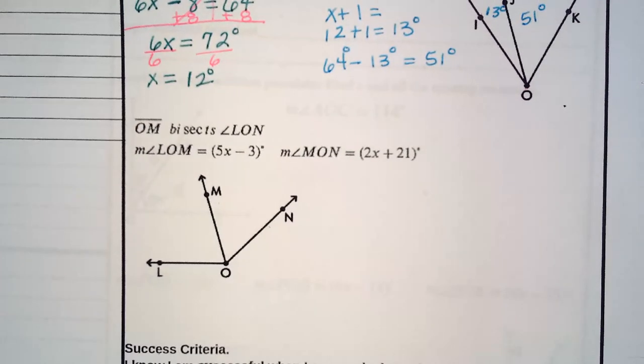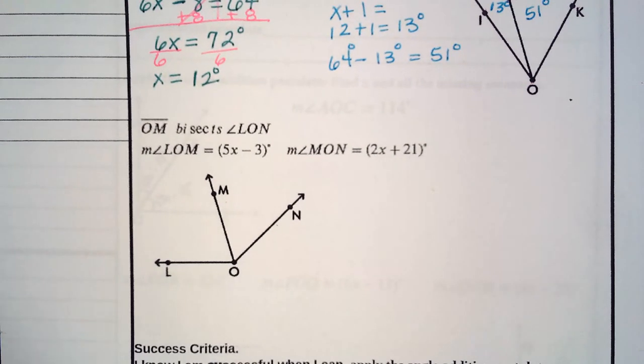Okay, pause the video and do the last one on your own. If it bisects, what does that mean? Bisects means cut equally in half. So in this case, we know that the two pieces are equal.